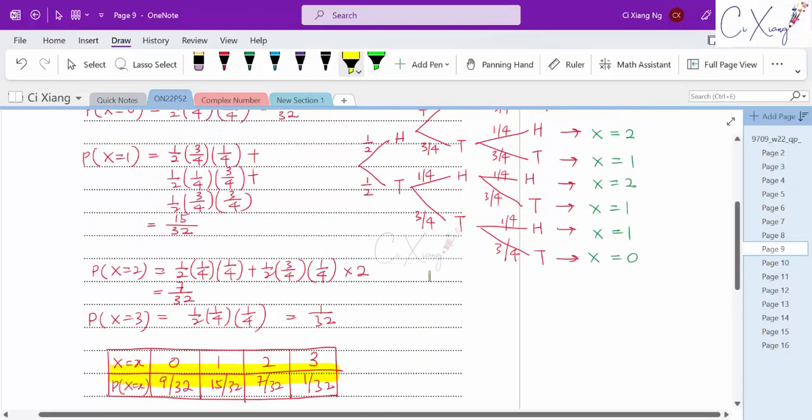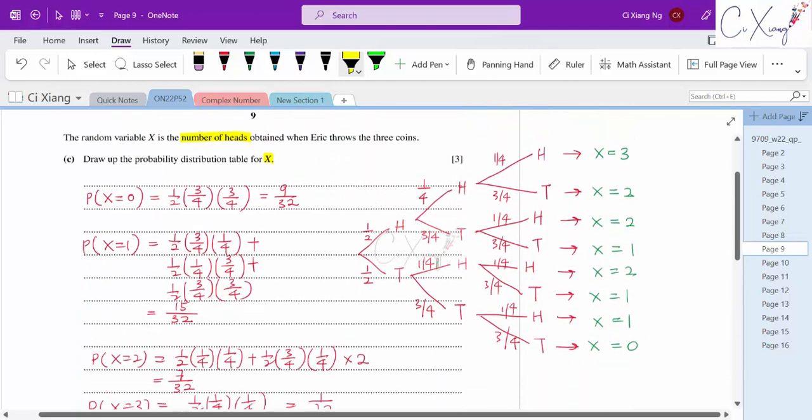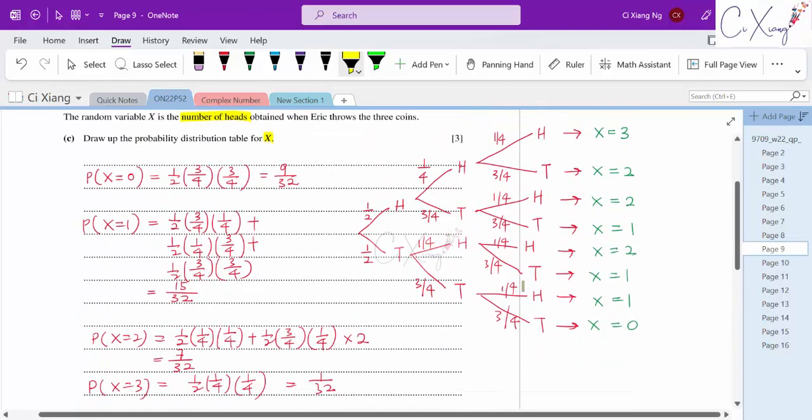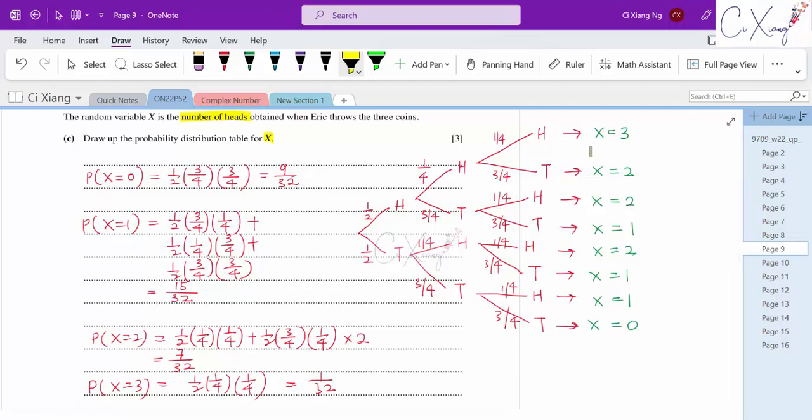Okay, so for this question, there is more than one way that we can get the answer. But for me, I feel that if I try to sketch the tree diagram, it can clearly show me all the possible outcomes and also the values for x that we can have in this incident. Also, by drawing the tree diagram, I can write out clearly all the possible probabilities for every single case here.